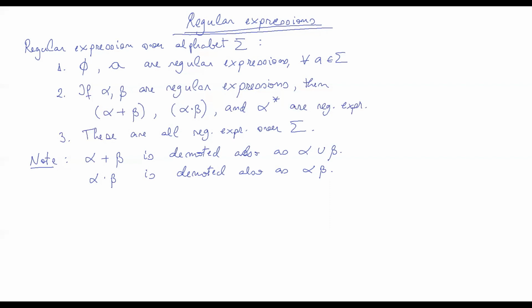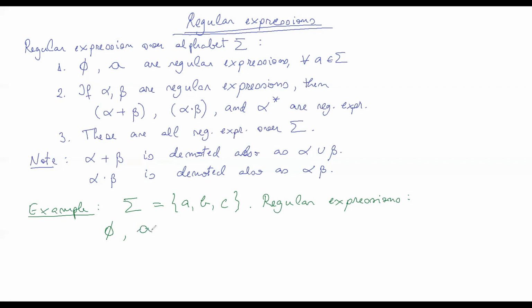So I give an example. I have alphabet sigma to be made of letters A, B, and C. And for example, some regular expressions are. So, like I said, the empty expression that I denote by empty set, that's always considered to be a regular expression.